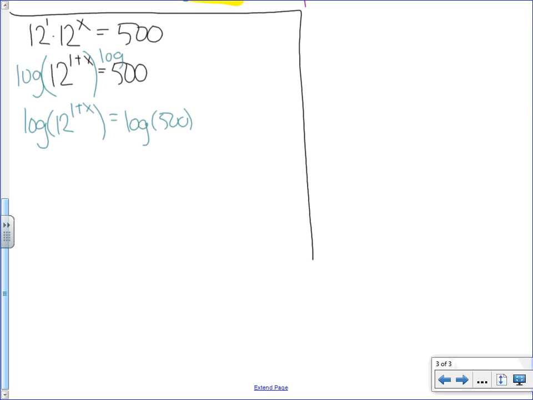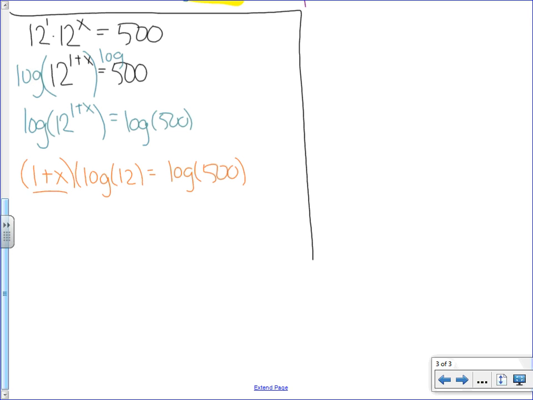We have that exponent, so we can pop that out in front. So this is going to be 1 plus x times the log of 12, which is equal to the log of 500.